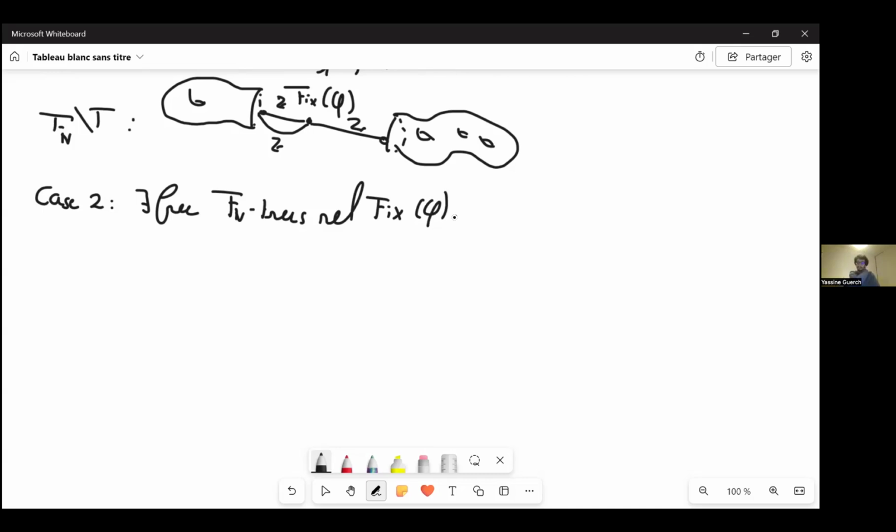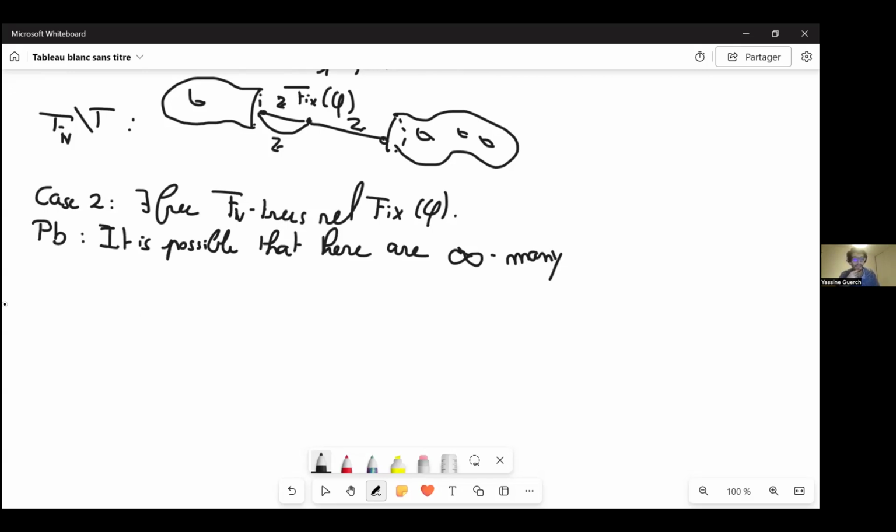So the problem is there can be infinitely many. It is possible that there are infinitely many free Fn trees relative to Fix(phi).